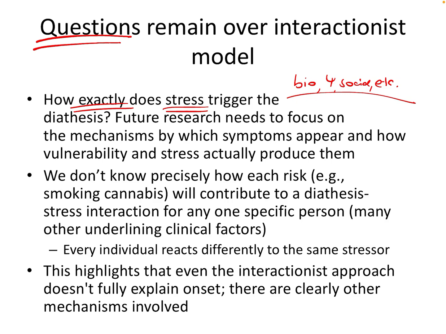It's not known precisely how each risk will contribute to a diathesis stress interaction for any one specific person. It's very, very complex. We don't exactly know how cannabis increases somebody's risk. We don't exactly know how urban living increases somebody's risk. We don't even understand how early childhood stress leads to changes in the HPA axis.